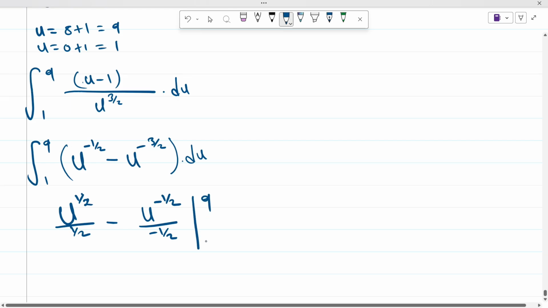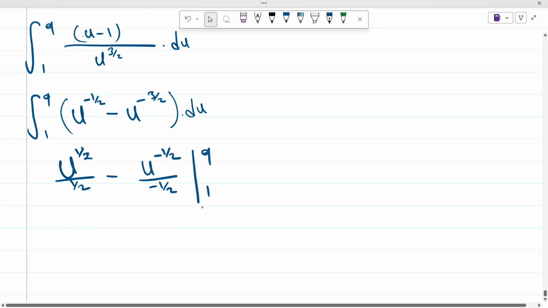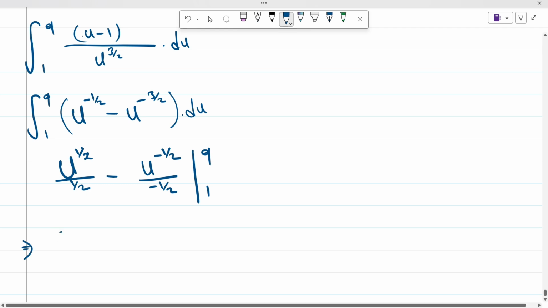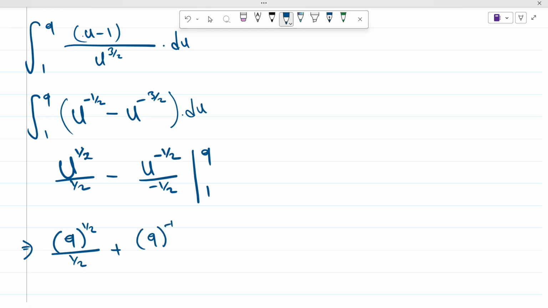We put our limits, 9 to 1. Then we substitute our limits in. This is going to be 9 to the power of half divided by half, plus 9 again to the power negative half divided by half.